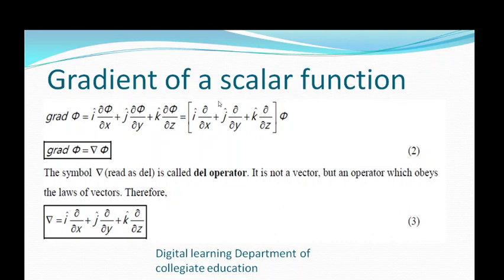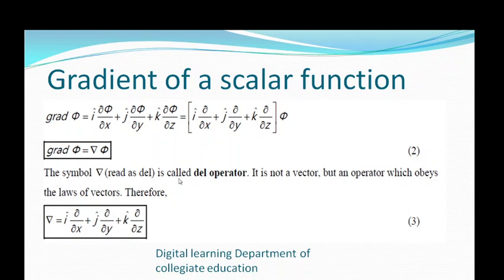If we take phi common, then we can write grad phi equal to, within the bracket, i cap dou by dou x plus j cap dou by dou y plus k cap dou by dou z. Therefore, grad phi equal to del phi.